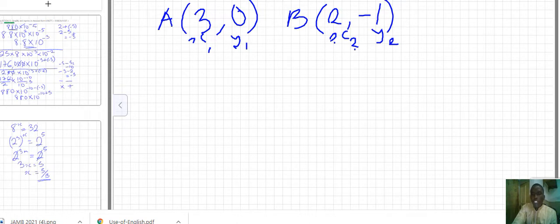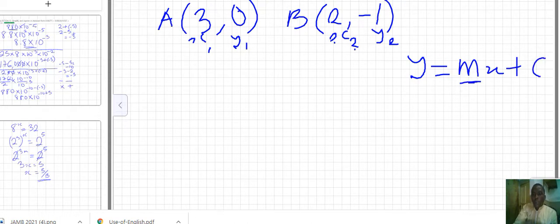In coordinate geometry, we are meant to understand that a straight line has this equation: y = mx + c, where m is the gradient, c is a constant or the intercept of the line, while y is the value for y. If you are looking for the gradient of a line, we are going to use a formula. And what is the formula?